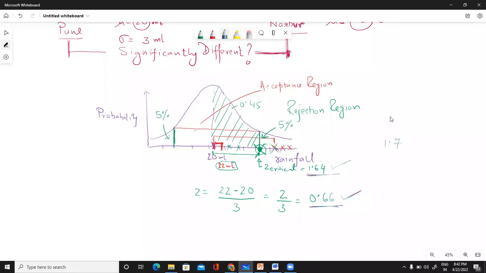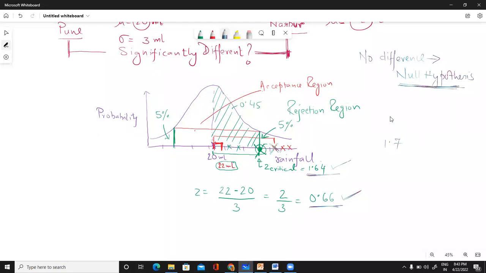Now that statement, that there is no difference between old value and new value, is called the null hypothesis. So null hypothesis definition, you have understood?